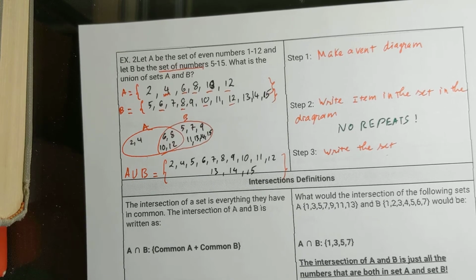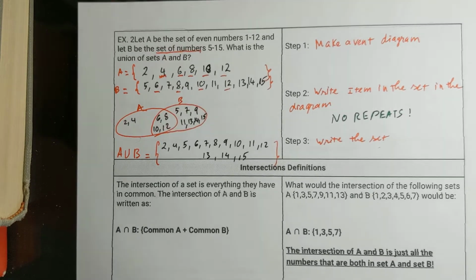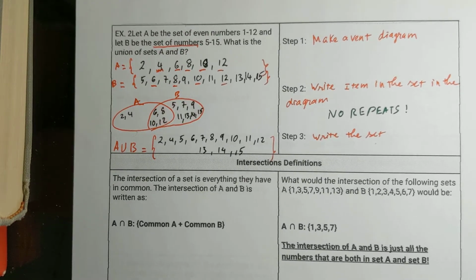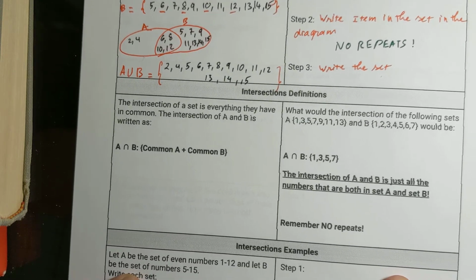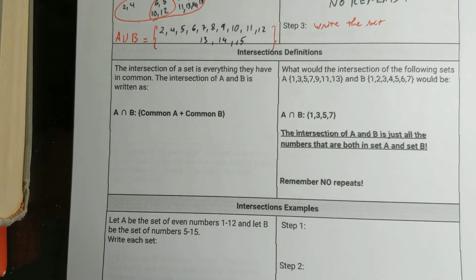Once you finish this, please go to the next one, which is intersection. Intersection is a little bit different than union. Like I said before, union is basically a marriage: your stuff becomes his stuff, his stuff becomes your stuff, vice versa. However, the intersection is something that they have in common.